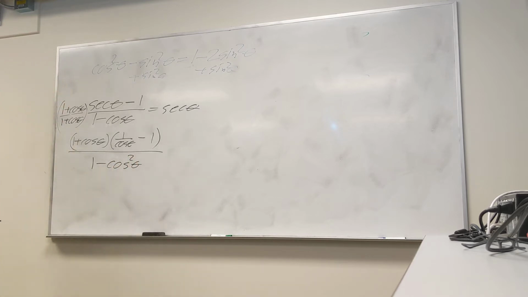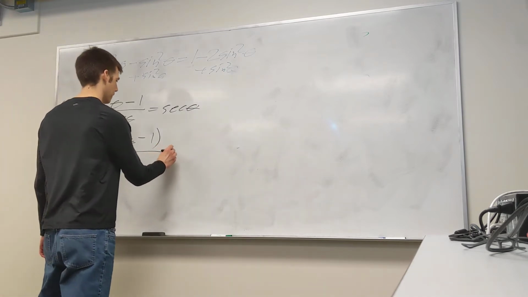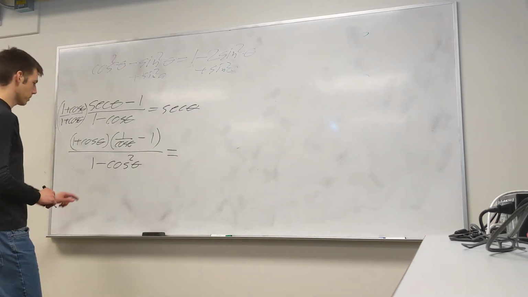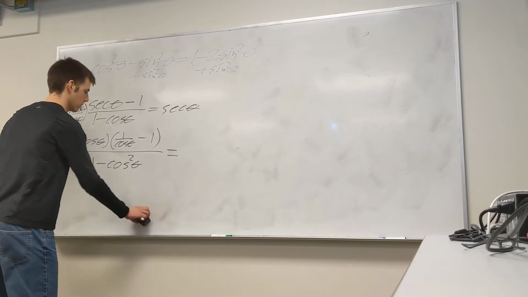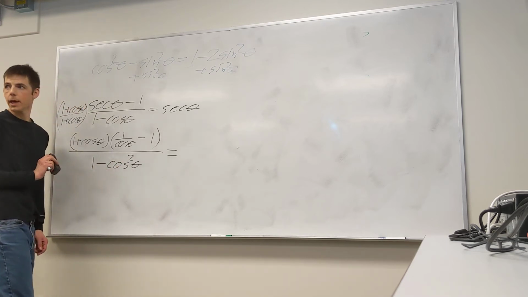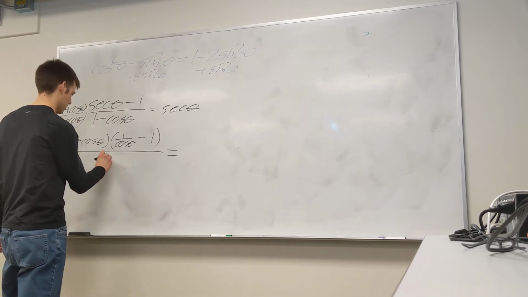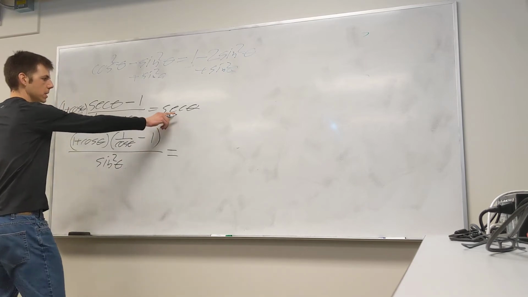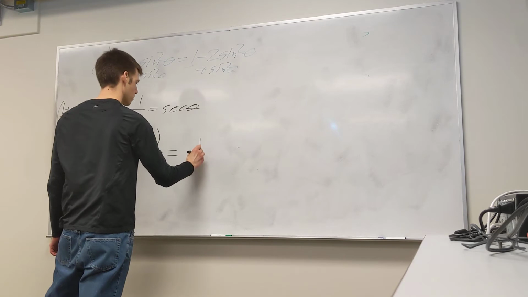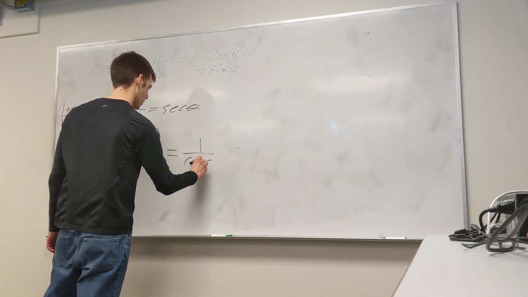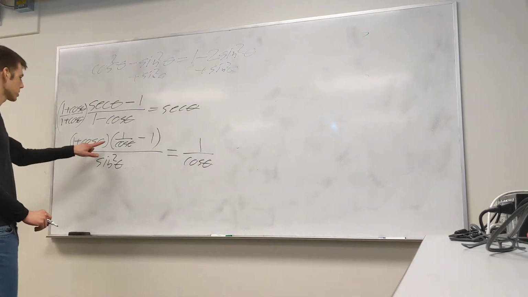Okay, that's cool, right? The bottom is the same as sine squared, right? So basically this bottom is just sine squared theta. Everybody see that? And on the right, what is this? 1 over cosine theta. Okay, so let's go ahead and multiply this out.